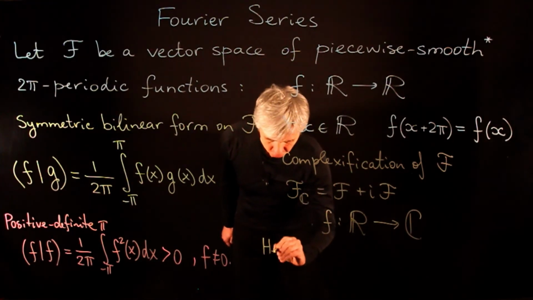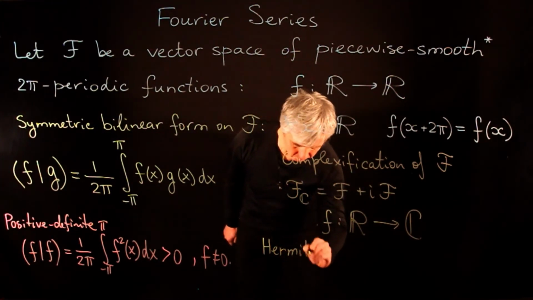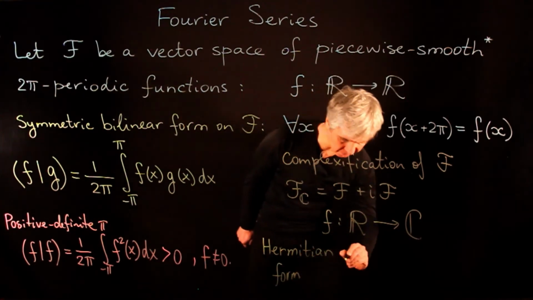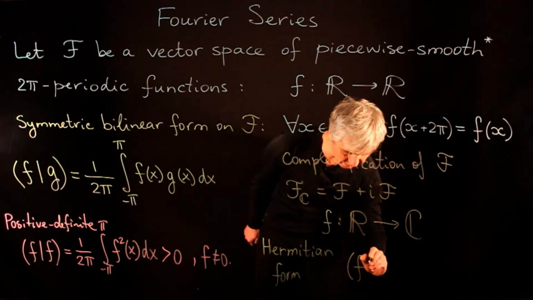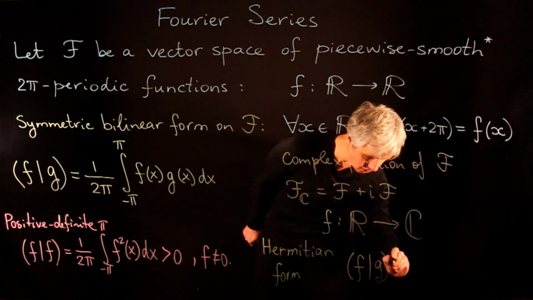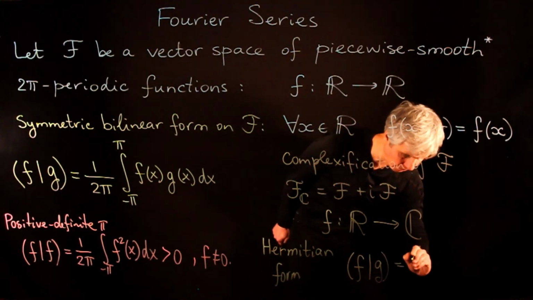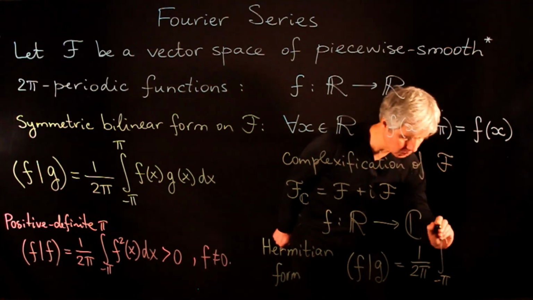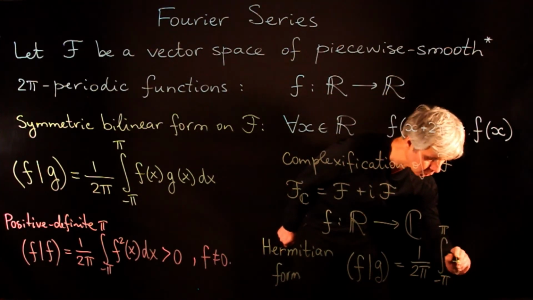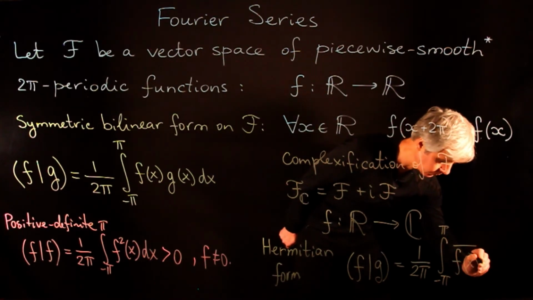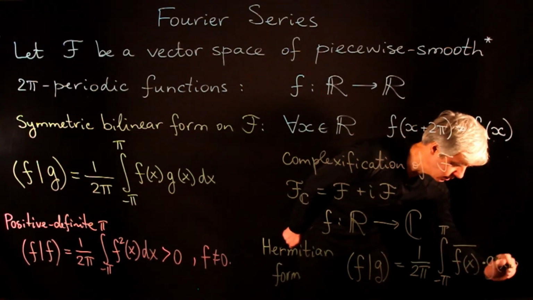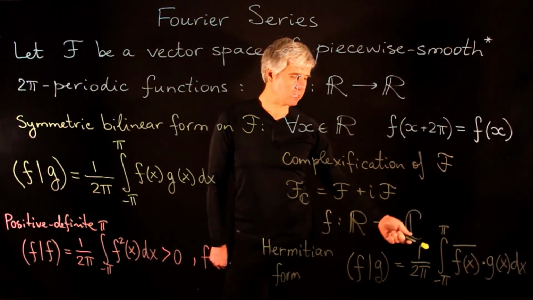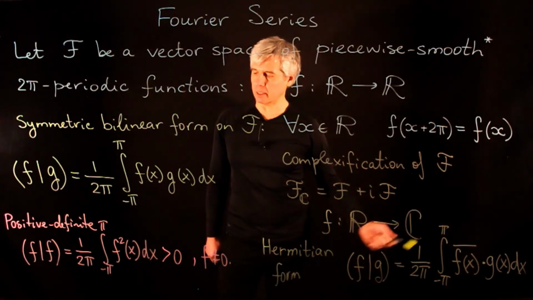So here we get the hermitian form, where the value on two complex valued functions f and g is given by the expression 1 over 2 pi integral from minus pi to pi, and now we take complex conjugate of f times g dx. It is easy to see that this expression gives us a hermitian form, and it is indeed the extension of our earlier formula.